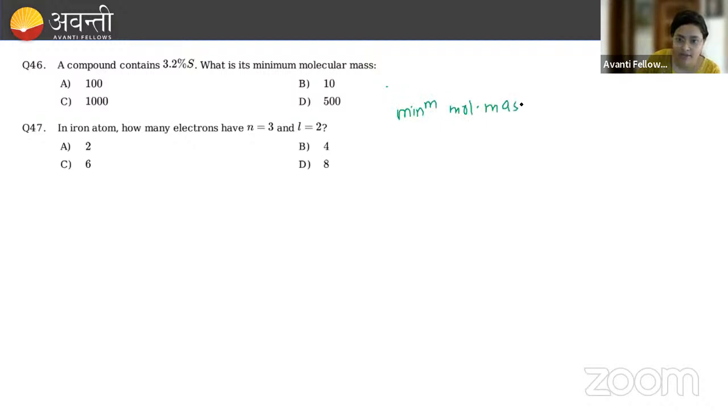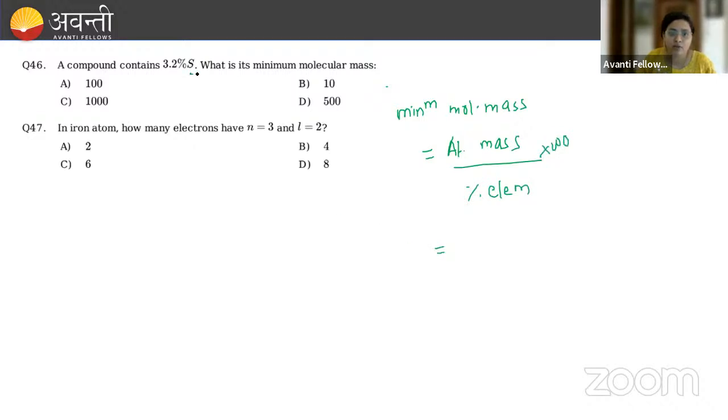What is the formula for minimum molecular mass? Atomic mass divided by percent of the element present, into 100.